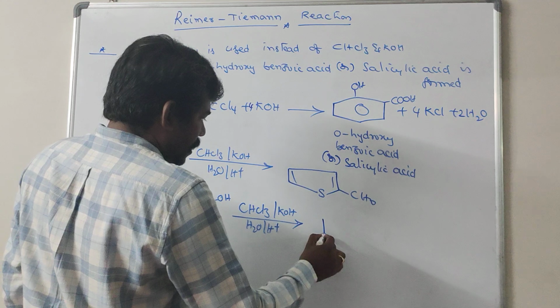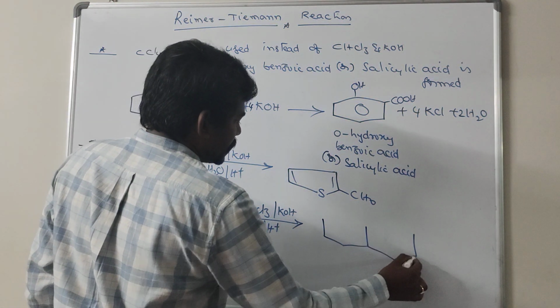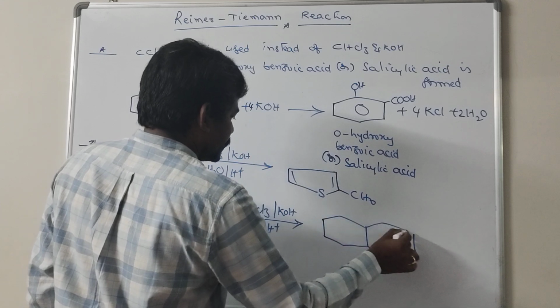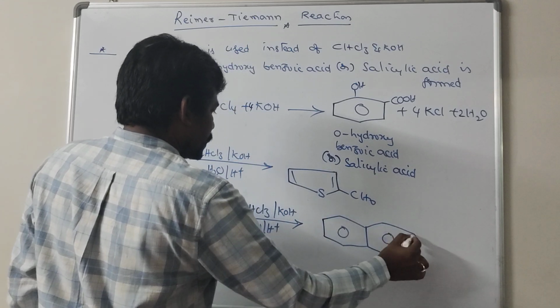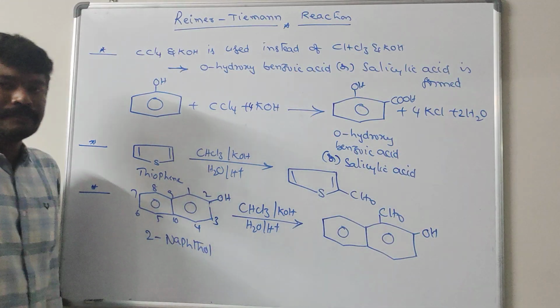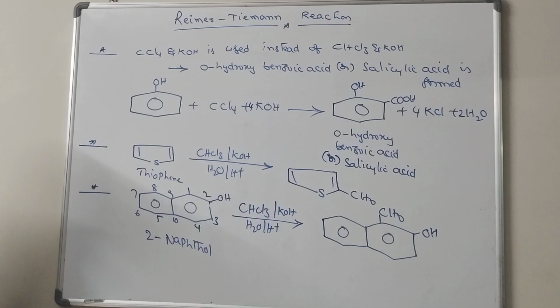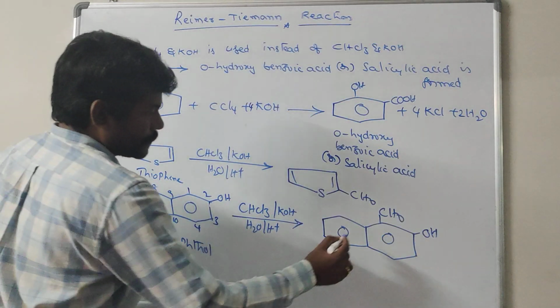We get the ortho aldehyde substituted product. So already OH, and at the ortho position CHO. The product formed is 2-hydroxy 1-naphthaldehyde.